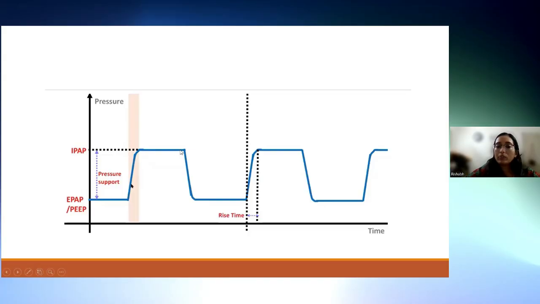Now, once the IPAP is reached, the patient will keep on inspiring and then he will cycle, that is, convert from inspiration to expiration. The time that it takes for the EPAP to reach the IPAP is what is known as the rise time. When we talk about CPAP, that is continuous positive airway pressure, it is nothing but EPAP, a continuous pressure which has been given.